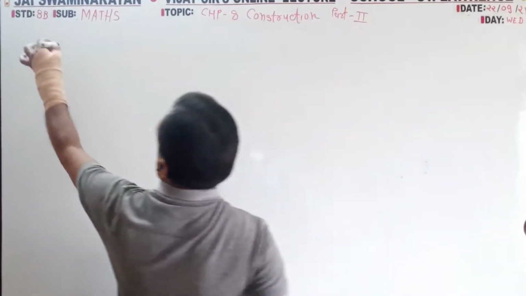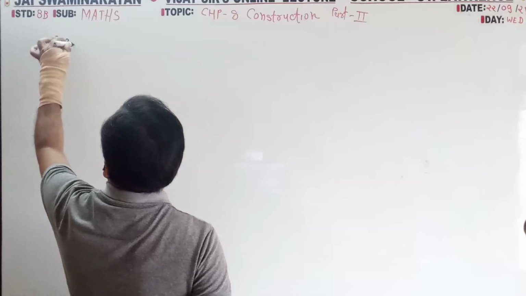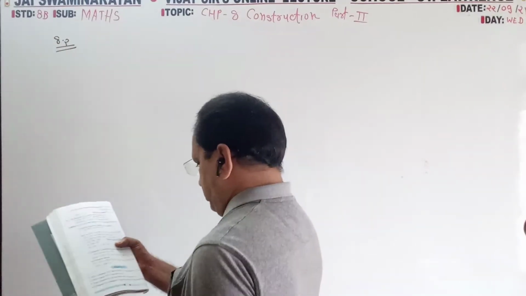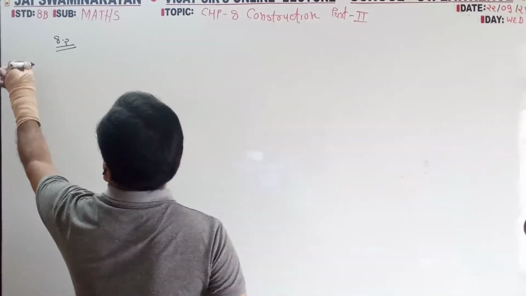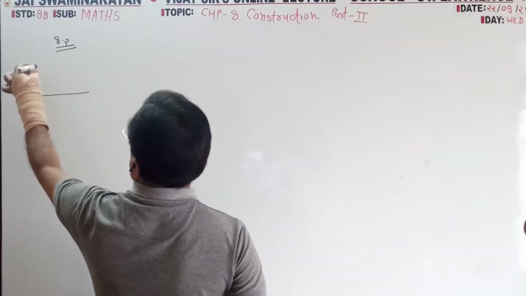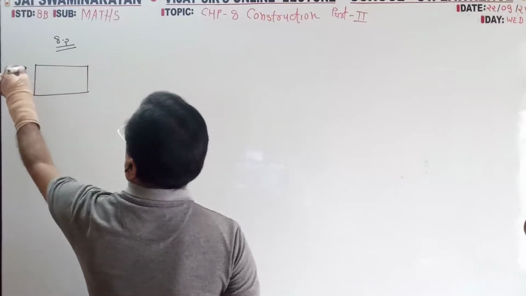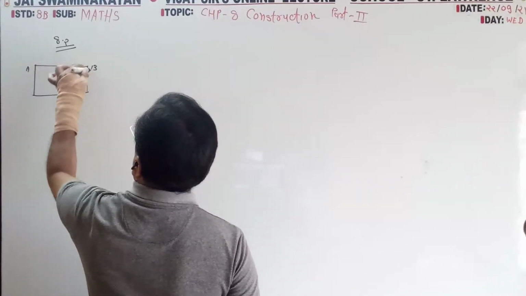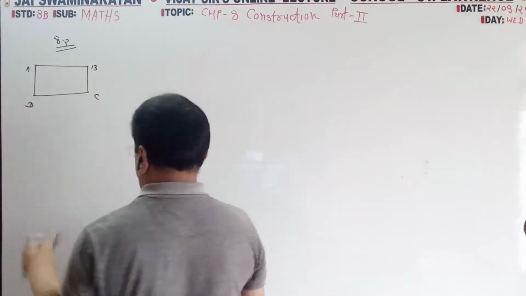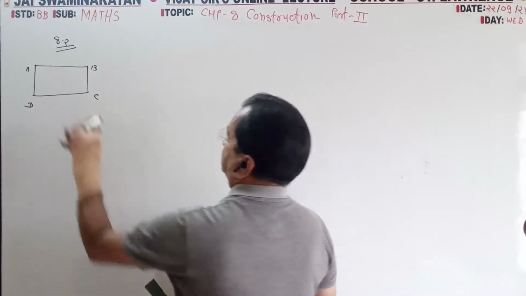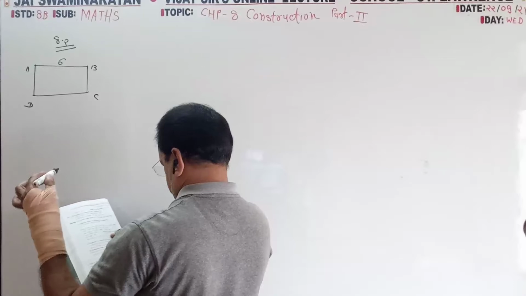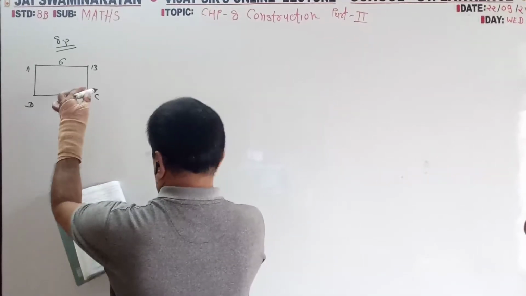8.2, first rough diagram. Draw rectangle ABCD. So rough diagram ABCD. AB is given 6, BC is given 4.5.